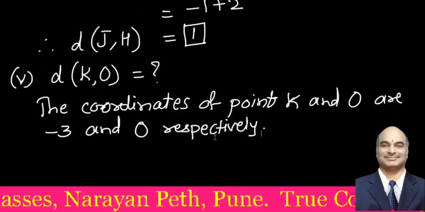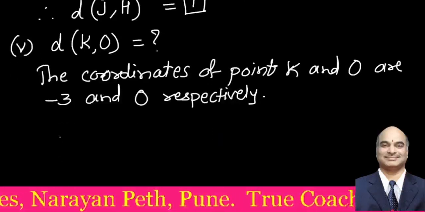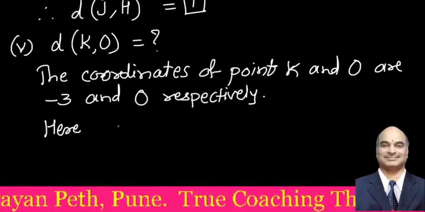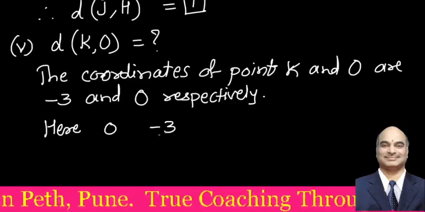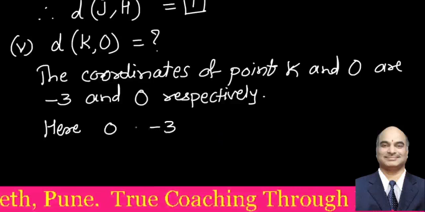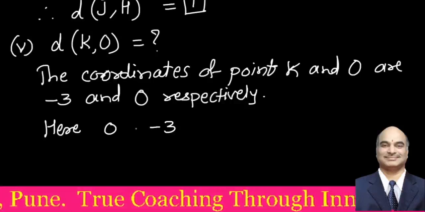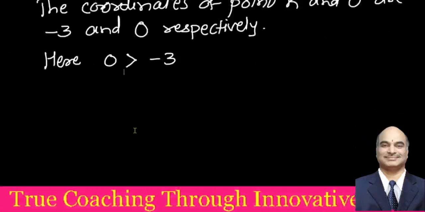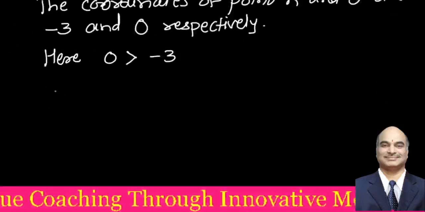Now we compare 0 and -3. -3 is on the left side of 0, so it is less. 0 is a greater number than -3.